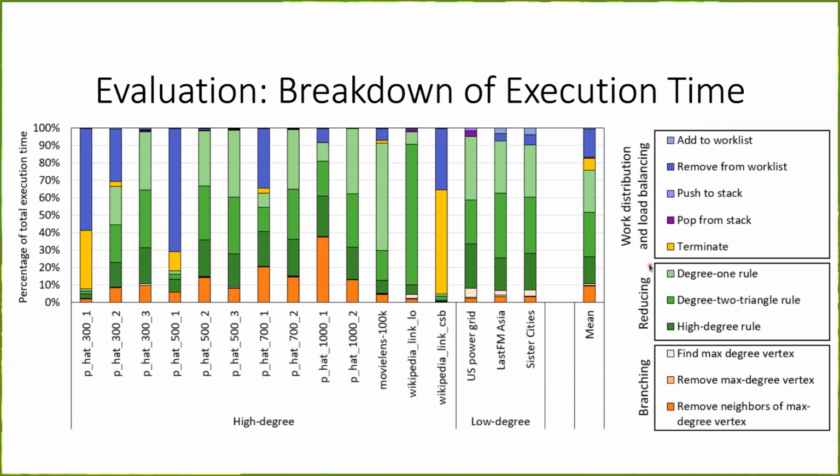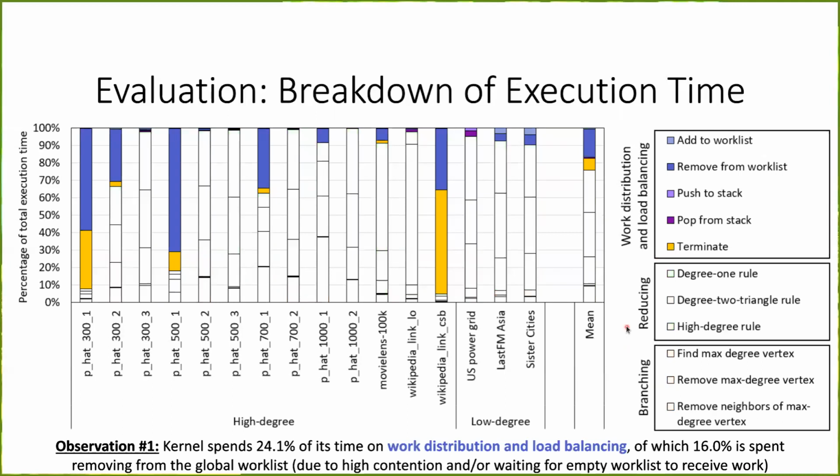The first group is the execution time related to work distribution and load balancing. The second group is execution time related to reducing. And the third and last group is execution time related to branching.